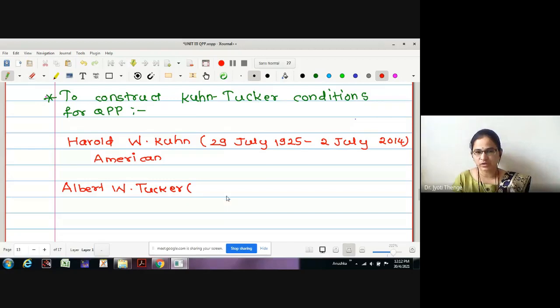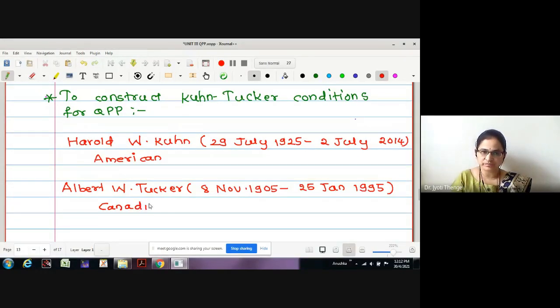His life tenure is 8 November 1905 to 25 January 1995, and he was a Canadian mathematician. The pair used Lagrange's method in order to construct the conditions for the quadratic programming problem, and that's why those conditions are called Kuhn Tucker conditions.